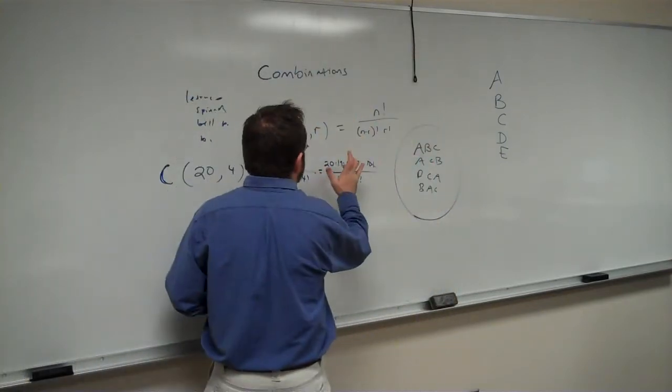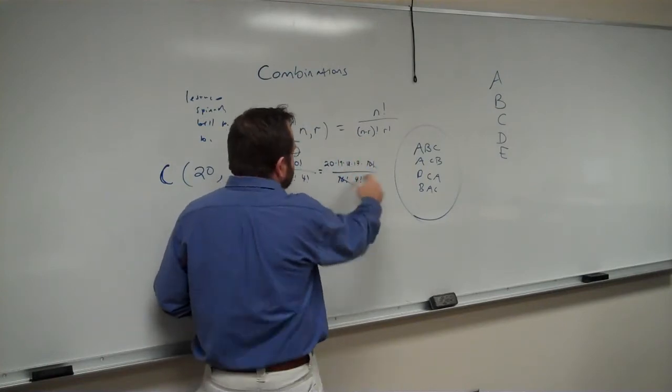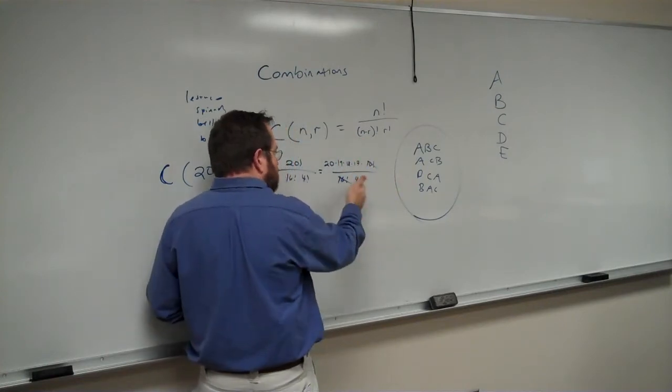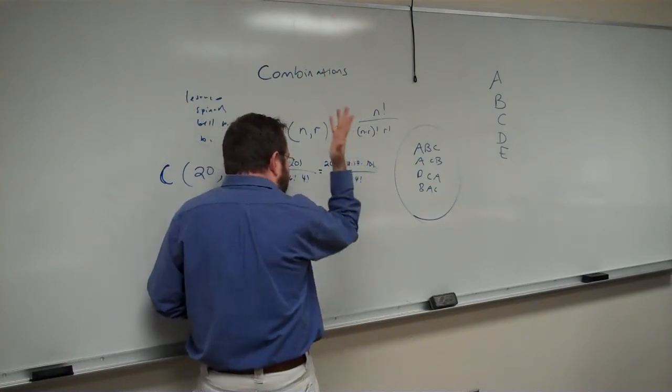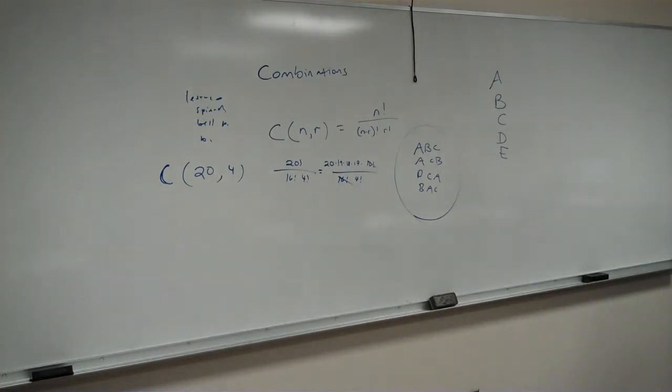So now you've just got 20 times 19 times 18 times 17, whatever that is. It's not going to be a small number. And then divide that by 24, because that's what 4 factorial is, and you'll have your number. It'll be a biggish number, I don't know, a couple 100,000 probably. But it is not like 10 to the 57th power kind of big.